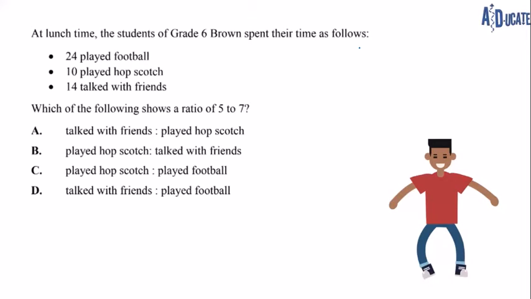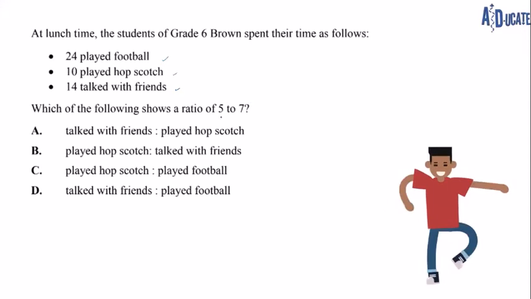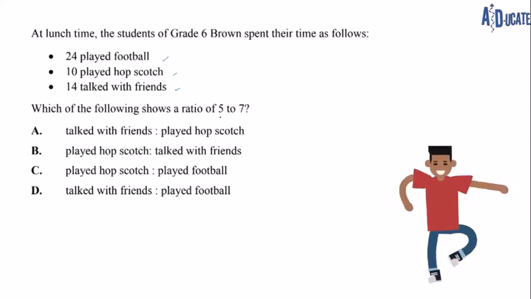Now, when we look at the groups, none of them says 5 or 7. But remember, it's a ratio, which means it's a comparison and not the actual number.